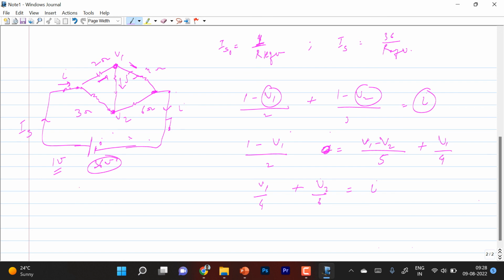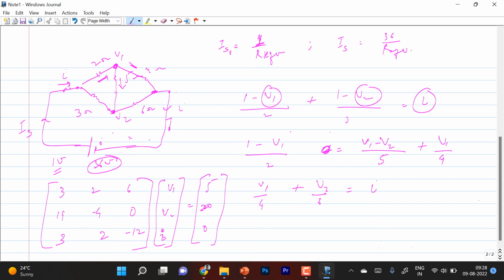So again, I have created a matrix, so I'll write it down. 3, 2, 6; 19, minus 4, 0; 3, 2, minus 12, right? And then V1, V2, current I is equal to 5, 20 and 0.